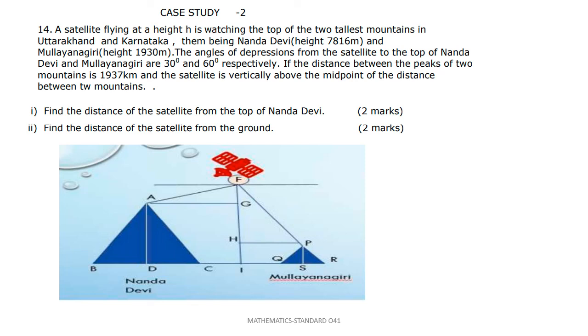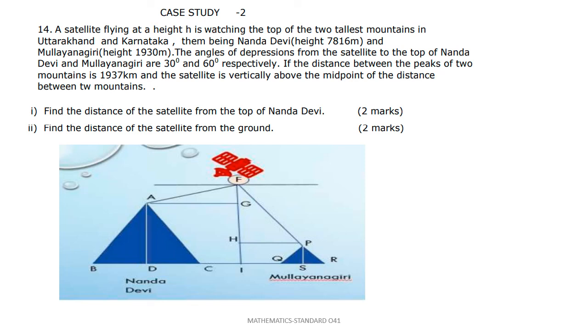Now let's see the next problem, children. The diagram looks scary, right? But the problem is very simple. Let's see what is given. A satellite, so here is the satellite flying at a height h, is watching the top of two tallest mountains in Uttarakhand and Karnataka. Them being Nanda Devi at a height of 708.16 meter.